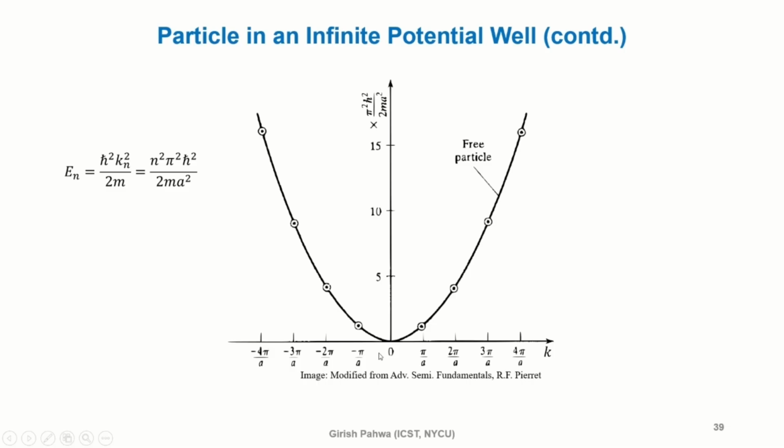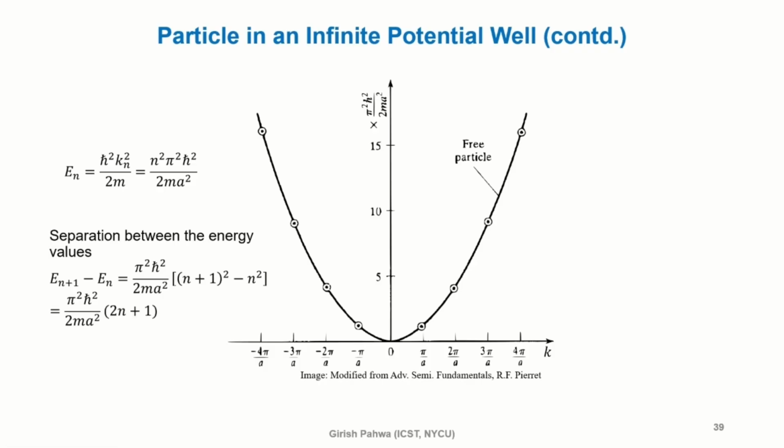So minus pi by a, minus 2 pi by a. Because these values are discrete and no value of k is allowed in between, only the energies corresponding to these k values are possible. For pi by a it is this, for 2 pi by a it is this. So this range is forbidden. So you only have discrete values. Okay, and what's the separation between them?